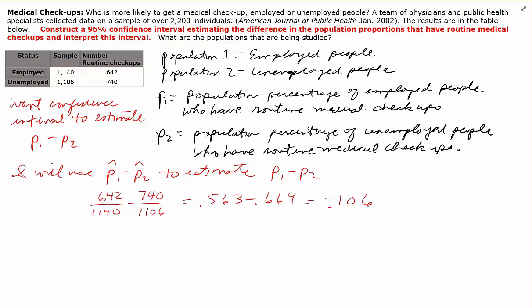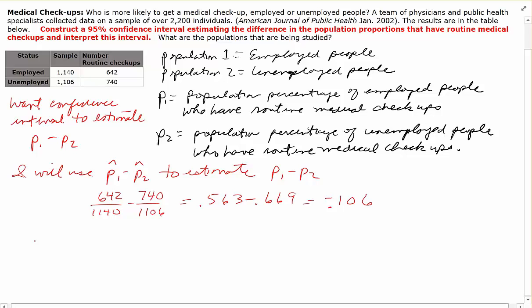So I get a negative here. That just means that the percentage of unemployed people in the sample that had routine medical checkups is greater than the percent of employed people in the sample that had routine medical checkups. So we'll have to remember to interpret the negative according to the way the sample percentages were subtracted.